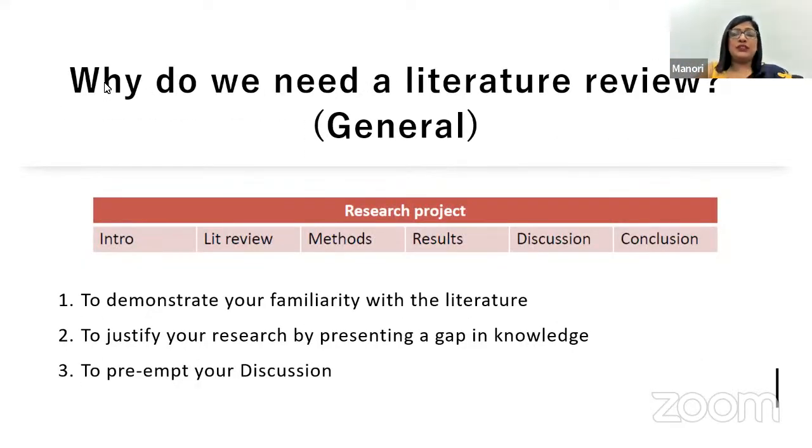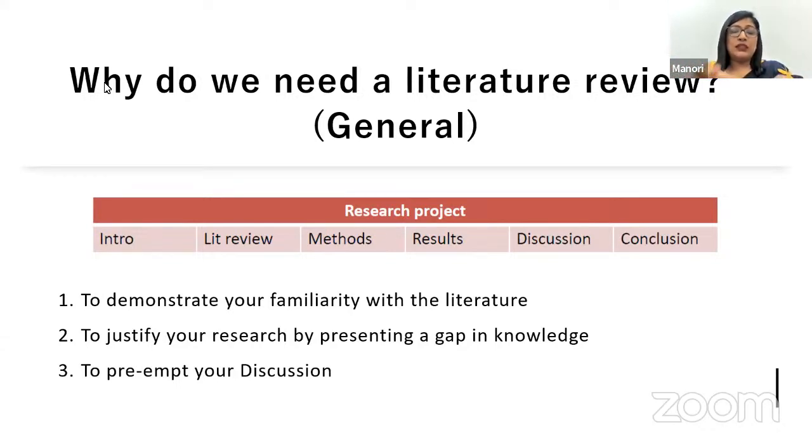When we do the literature review, we do it for two purposes mainly. For the general purpose, when you do a scientific study, it's a must to do the literature review. Usually in a research project we have the introduction, then the literature review, methods, results, and discussion, and then we go to the conclusion.